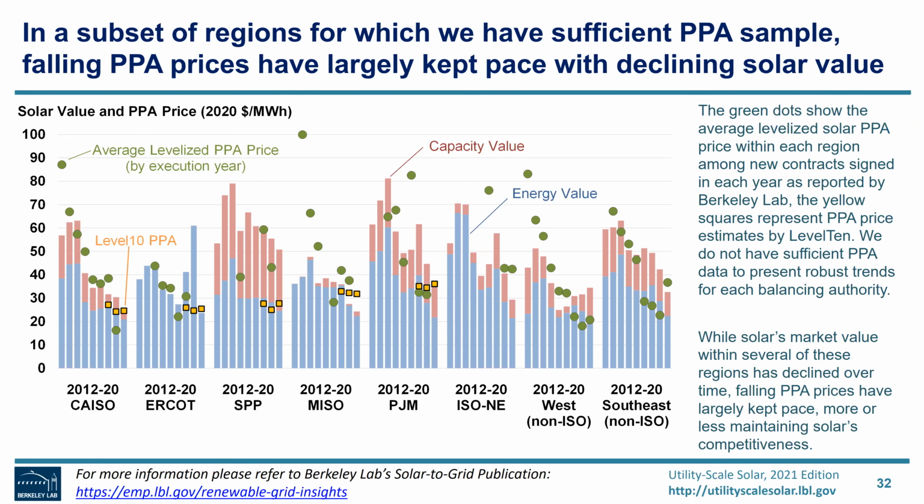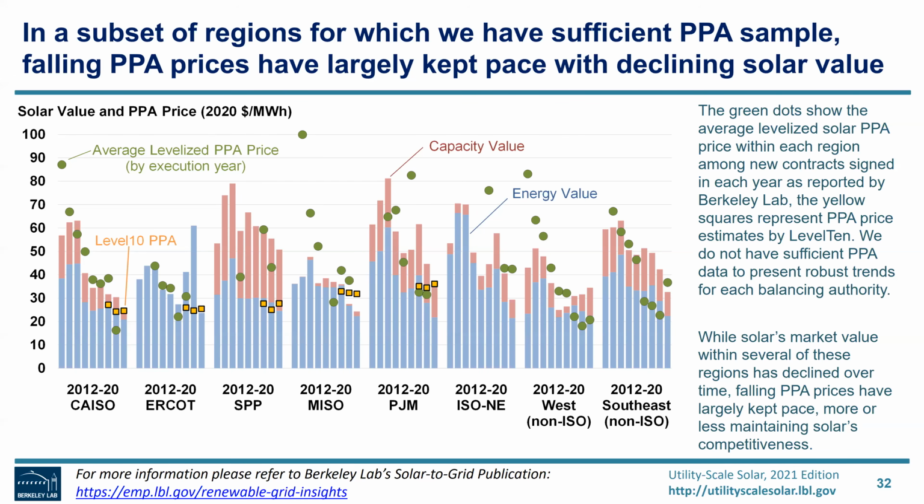The capacity value is shown in red in this graph. Solar's capacity value has a broad range, both between regions, but also over years within a region. For example, in CAISO, that capacity value has really declined from the early years.